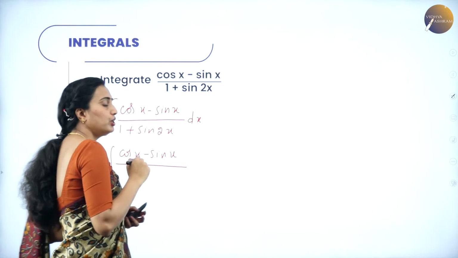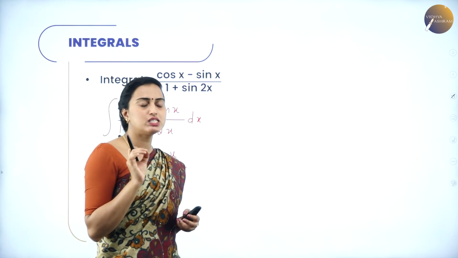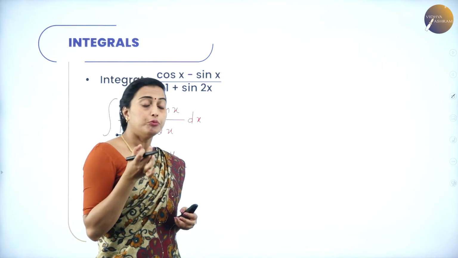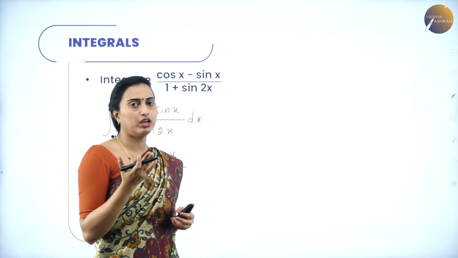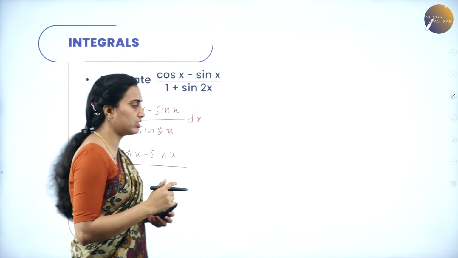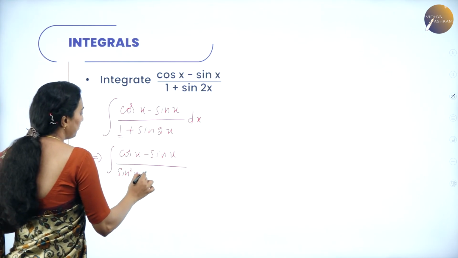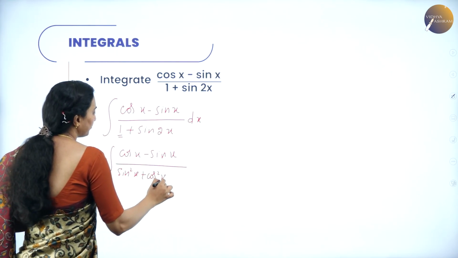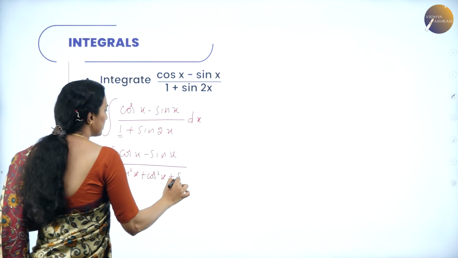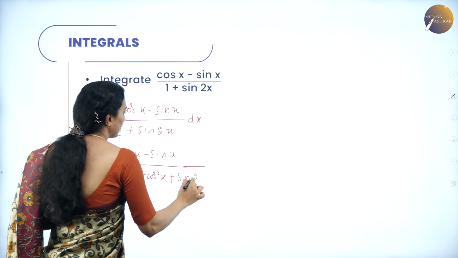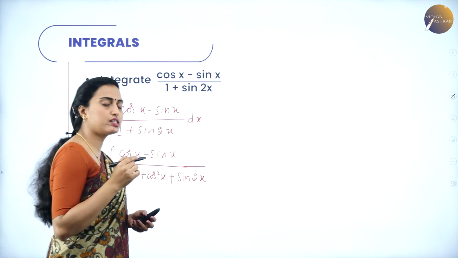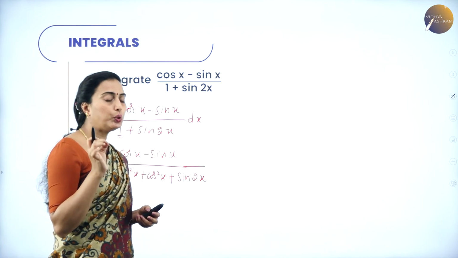In the denominator, you know 1 can be written as sin squared theta plus cos squared theta. But here in terms of x, so I am writing sin squared x plus cos squared x. This 1 I am writing as sin squared x plus cos squared x, plus the remaining sin 2x. Now you know sin 2x can be written as 2 sin x into cos x.